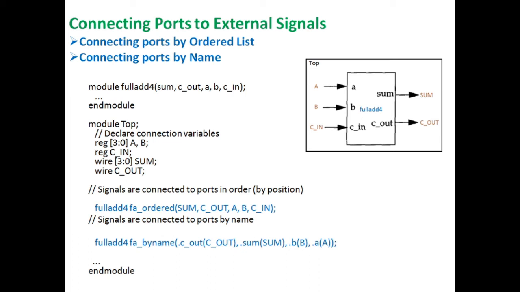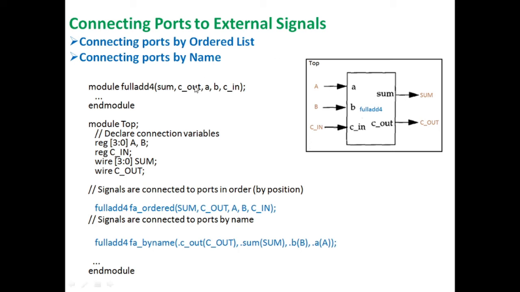In the ordered list, connecting by ordered list is a very common thing. That is, the signals to be connected must appear in the module instantiation in the same order as the ports in the port list during the definition of the module.